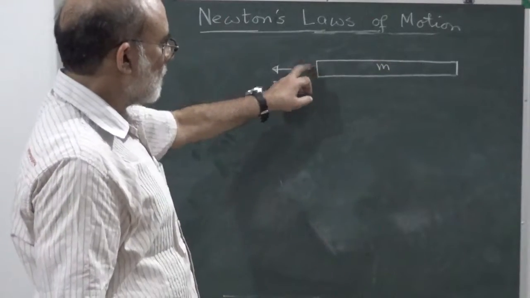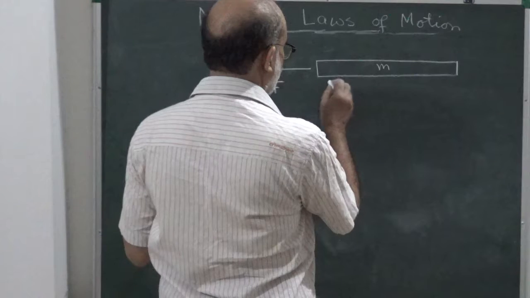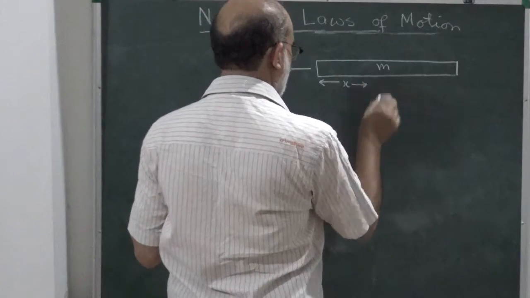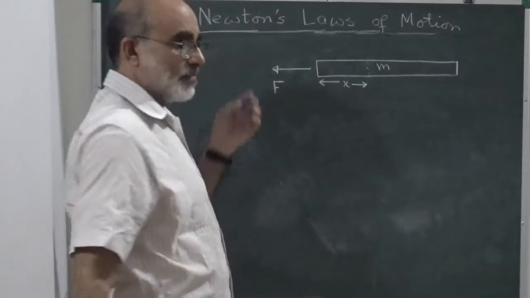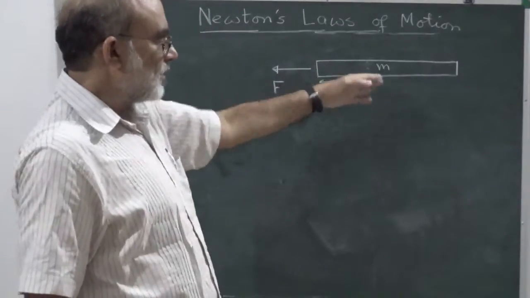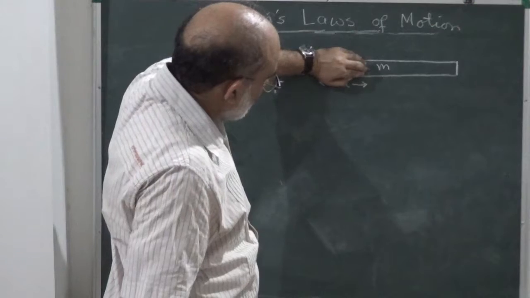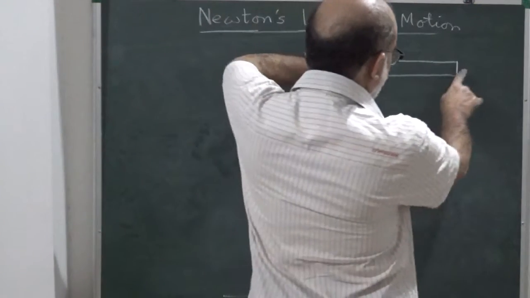The force is applied to this end, and we want to find the tension in the string at a distance x from this end. It means we want to find the tension here at distance x from this end. It means we will consider this as our system and this portion as the surrounding.